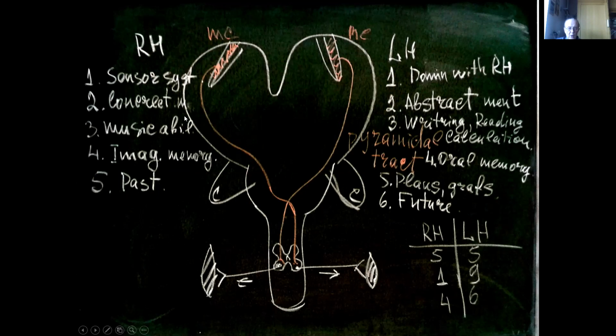This is the frontal picture with the right hemisphere and left one. And the two motor cortices, with the help of the pyramidal tract, regulate the activity of the alpha motor neurons at the other side of the body. The left hemisphere regulates the right part of the body, and the right hemisphere regulates the left part of the body.